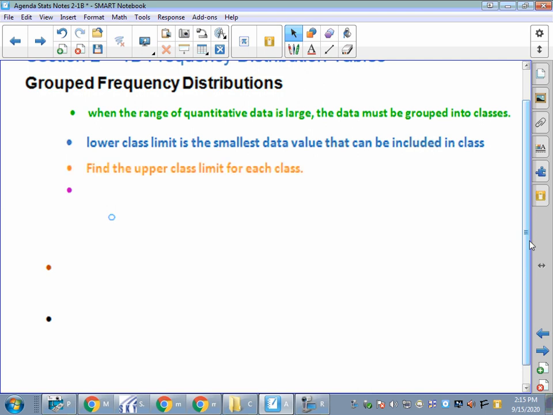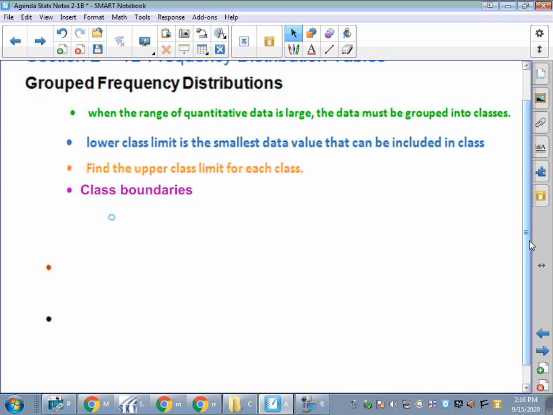You need to find your upper class limit for each class. Remember, in 2.1a, when we found the class list, we added for the lower class limit, and then we filled in the upper class limit. So when I'm saying upper and lower class limit, if the class is from 6 to 17, 6 would be the lower class limit, 17 is the upper class limit.